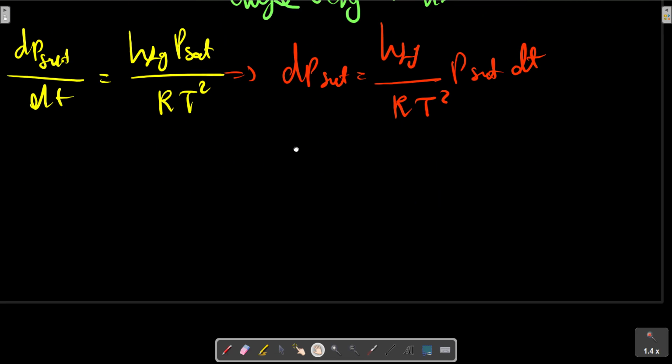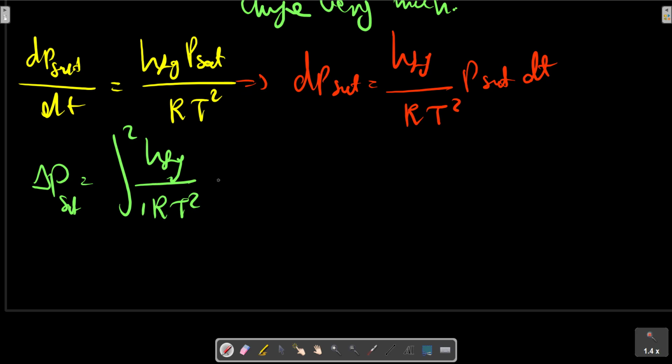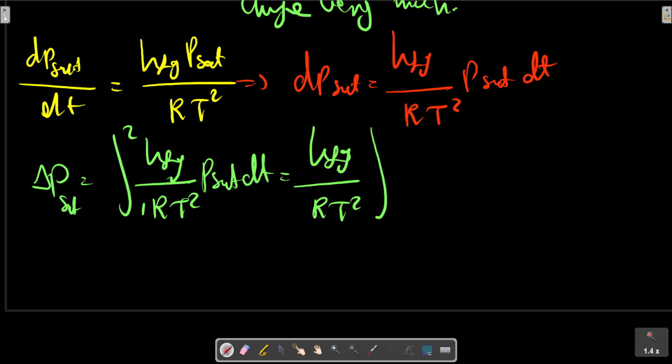At low temperature, hfg is constant, and we can calculate delta P. For example, R, T squared and hfg are constant. Mathematical relations for a homogeneous phase are in the next section.